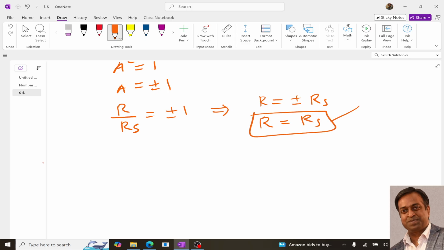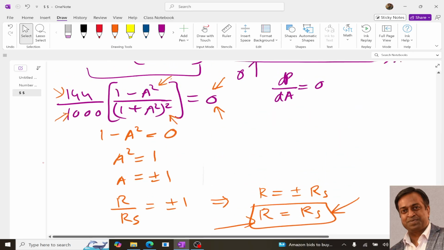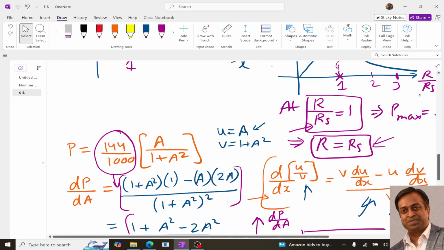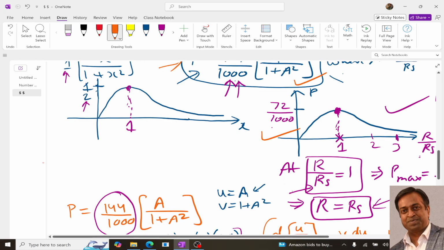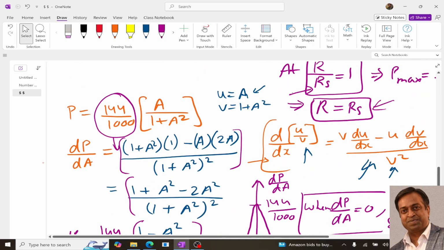So we come to the conclusion that we will get maximum power only when r is equal to rs. This we have proved with this graph also, p versus r by rs, where we get the maximum at 1, and from here also we were able to get r is equal to rs.